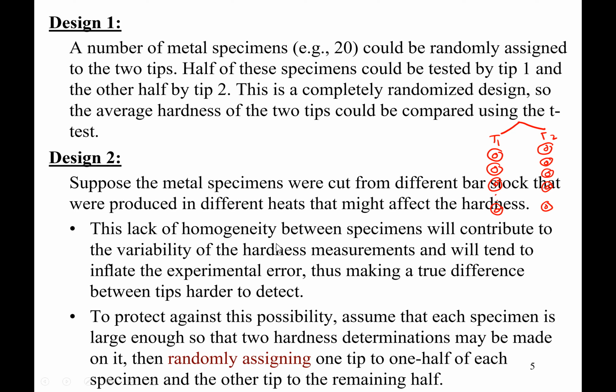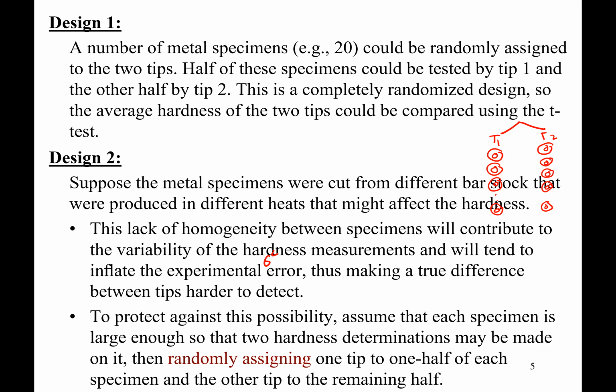This lack of homogeneity between the specimens will contribute to the variability of the hardness measurements and will tend to inflate the experimental error, sigma squared, thus making a true difference between the tips harder to detect, because the total variability, or the experimental error, will be very big.